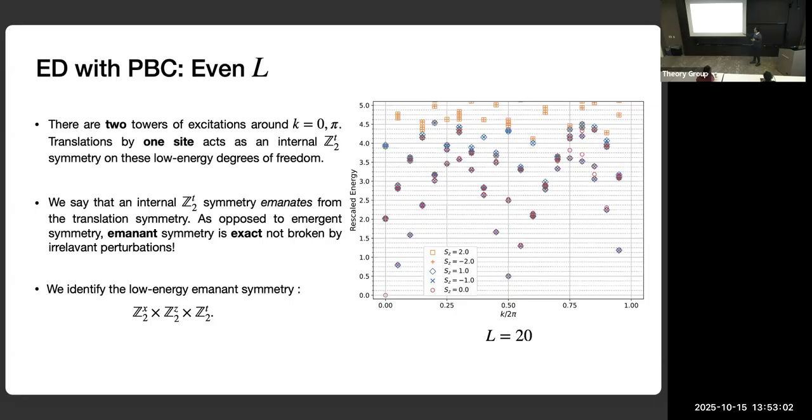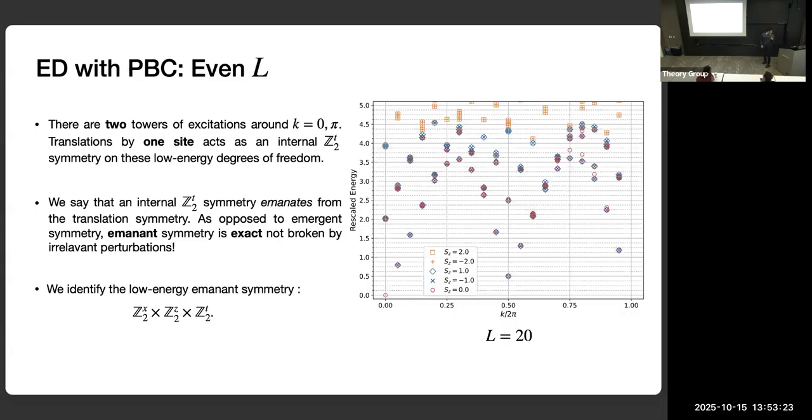So I want to somehow interpret this as the states that carry some internal Z2 charge. And this internal Z2 comes purely from translations, because really the charge is determined by the lattice momentum. And that's what I want to call an emanant symmetry.